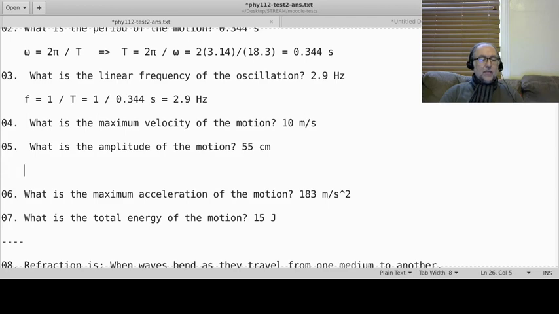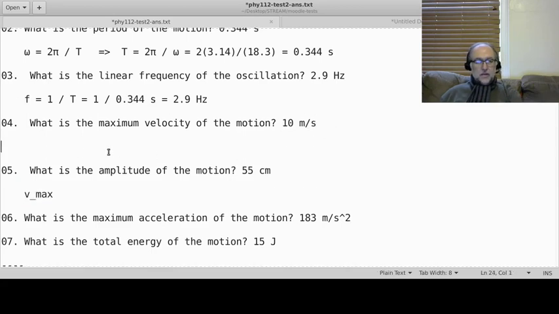All right, so for the amplitude, we have the V max. Actually, I could even say here that V max is equal to 10 meters per second. We know that V max is related to the amplitude by this formula here, V max equals omega times A. If we rearrange that because we want to solve for A, then the amplitude can be obtained from V max divided by omega.